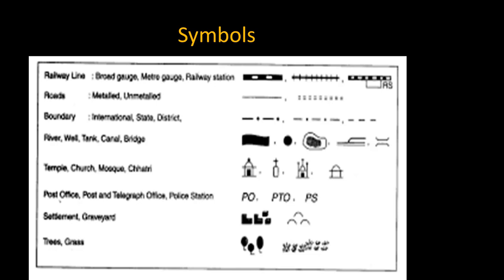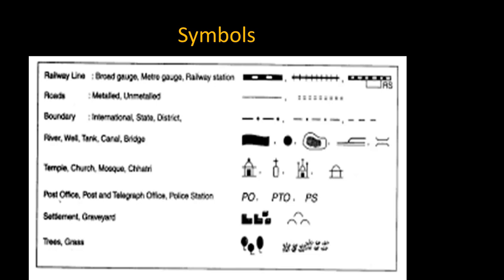Now, the third important component of a map is symbols. Symbols are certain letters, shapes, colors, pictures and lines which are used on a map to give lots of information in a limited space.